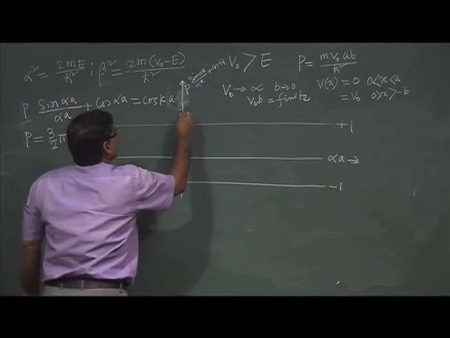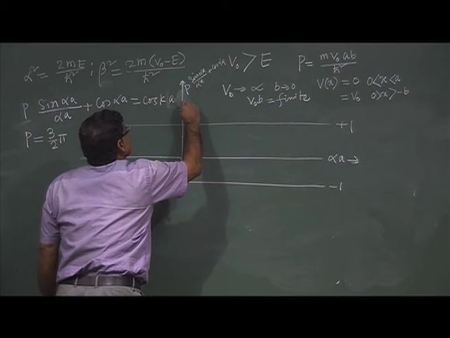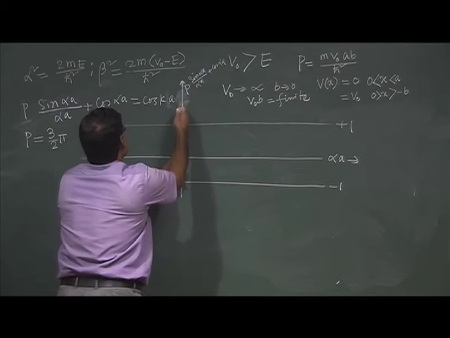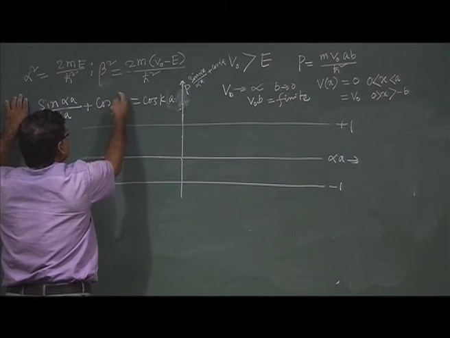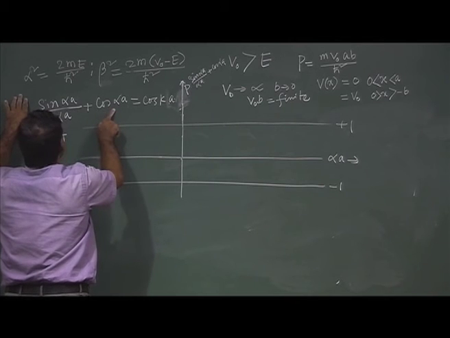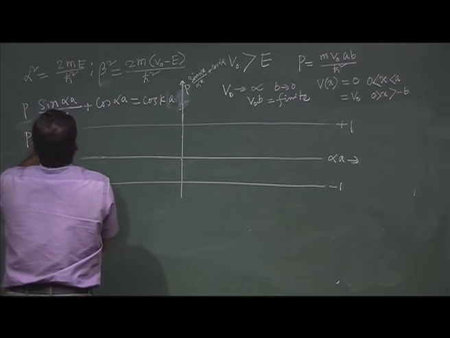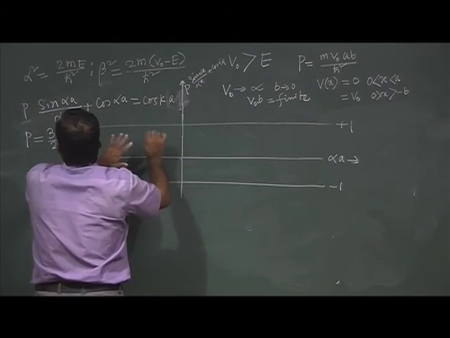So if you plot, you will get this type of thing. At alpha a equal to 0, it will have the maximum value, right. So this part will be 1, and this part will be plus this basically.